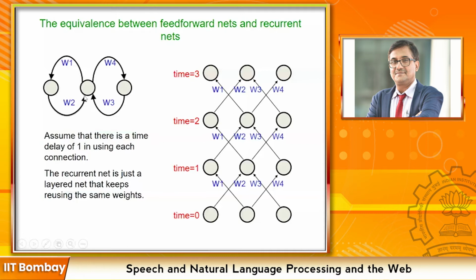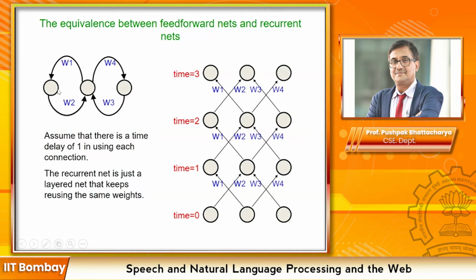We have a feed-forward connection, let's say from the first neuron to the second neuron, W2, and the second neuron to the third neuron, W4. But there is also a feedback connection. Reading left to right, from the third to the second, which is W3, and the second to the first, which is W1. So that would be a recurrent neural network because there is a feedback connection.